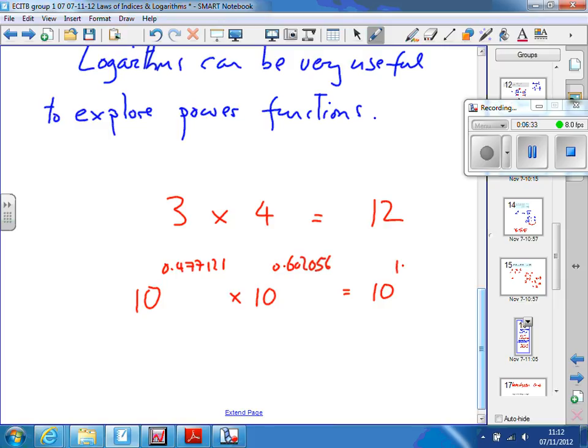It's going to be 1 point something, isn't it? 1.07 9. Now, if I work out what 10 to the power 1.0791 is, it should be 12 if this has worked, which is the point I'm trying to make.